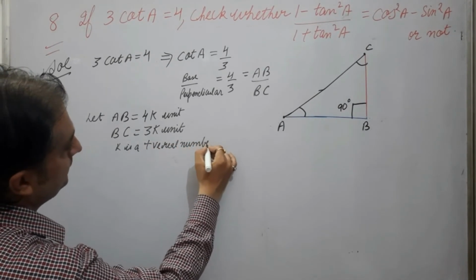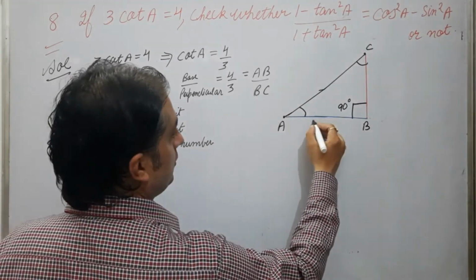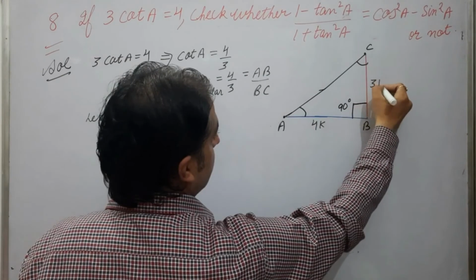Same steps. So the two sides given, one is 4k and another is 3k.